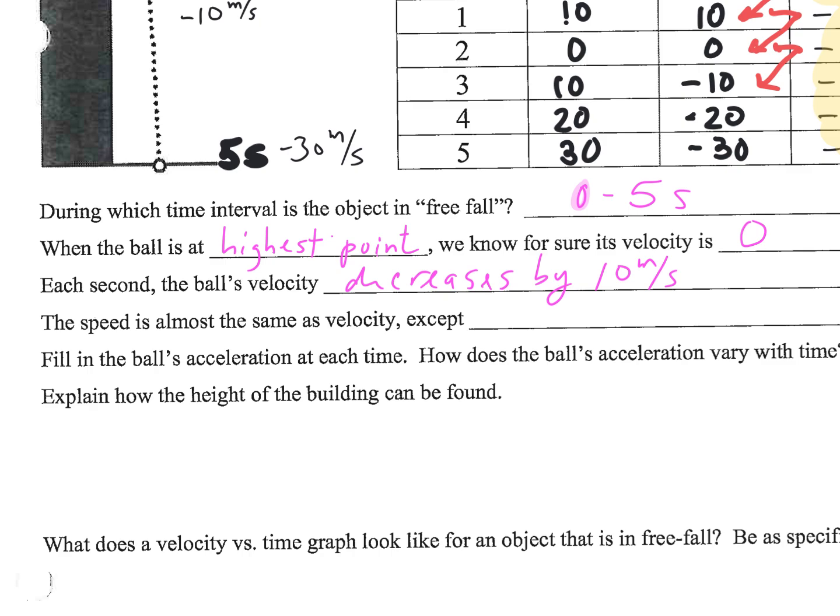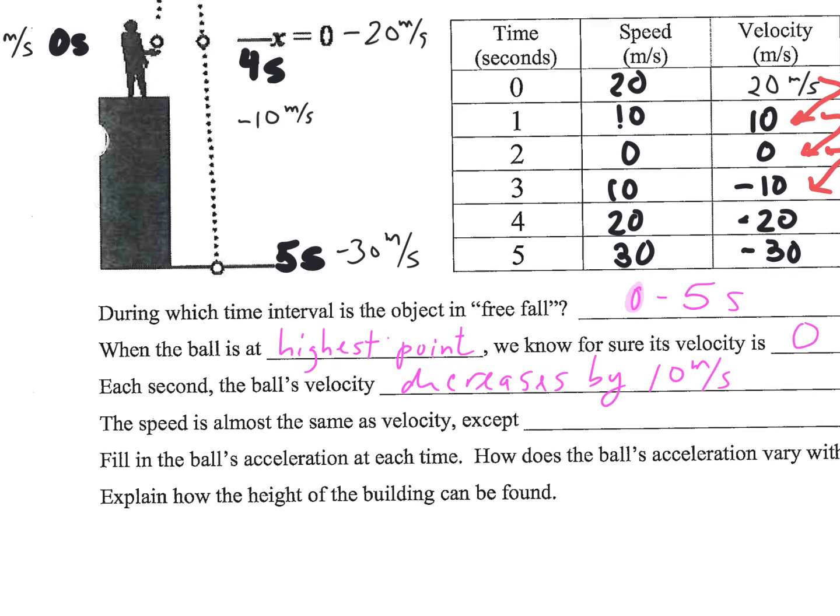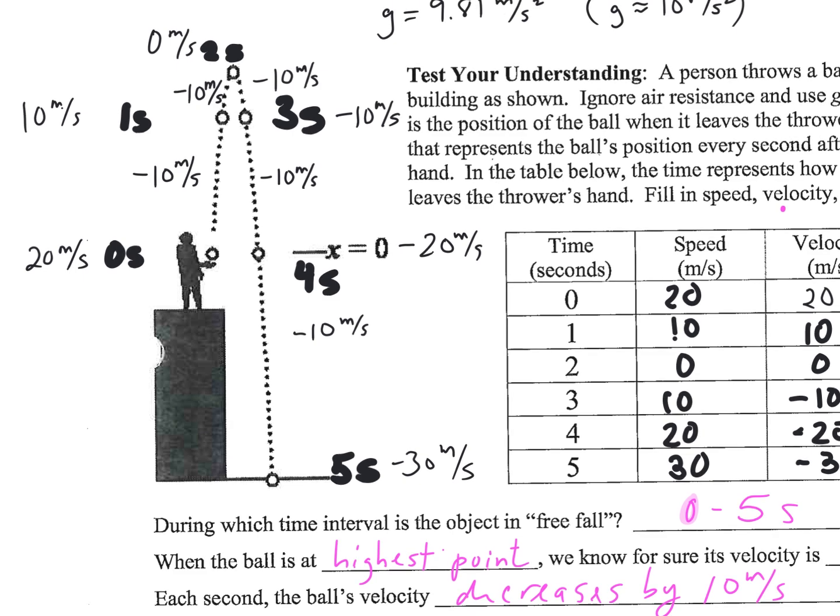Now, a way of thinking of that, people get weird about this because in this direction, you're like, well, but it's going up. Decreasing by 10 is the same as subtracting 10, isn't it? And if you're subtracting 10 in the negative direction, aren't you effectively getting more negative, which is actually speeding up in the negative direction?